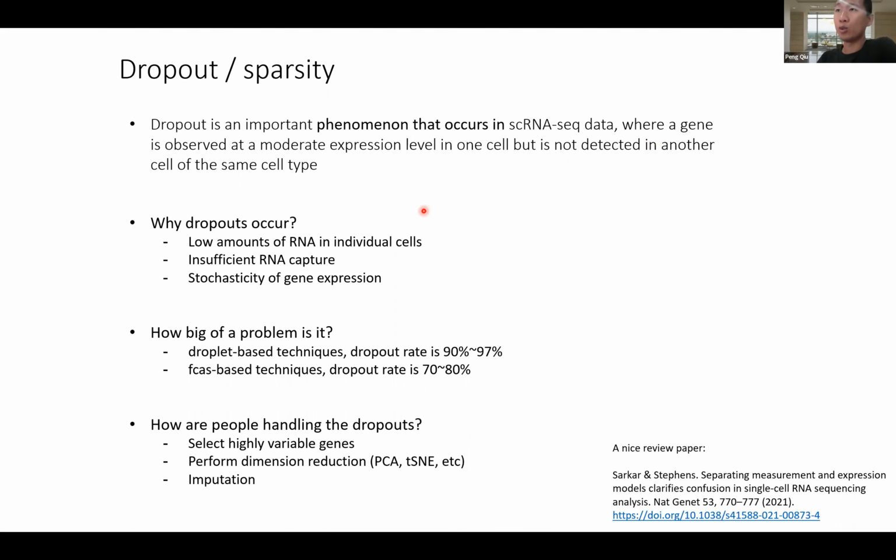Okay, so now in terms of why dropout occurs, first of all, single-cell RNA-seq is measuring mRNA content or signal at single-cell level, and the amount of material there is very small for us to catch, and hence, any data acquisition technology will have its detection limits, right? So low amount of mRNA content and detection limits. This is one reason why dropout may occur.